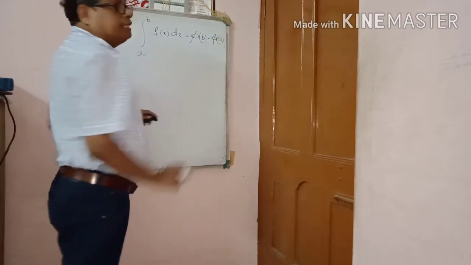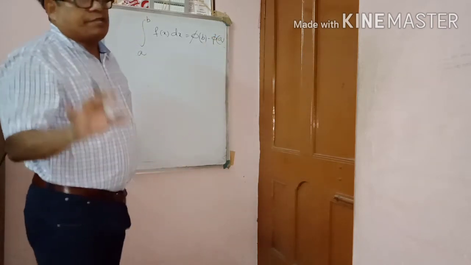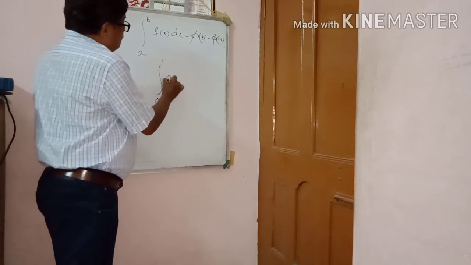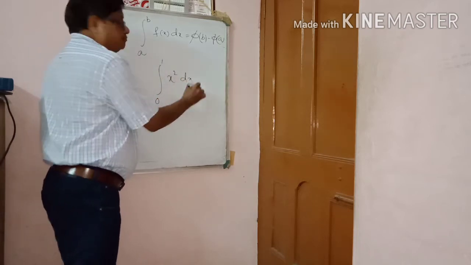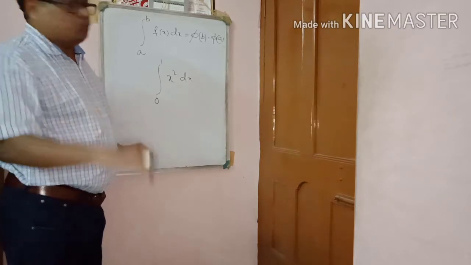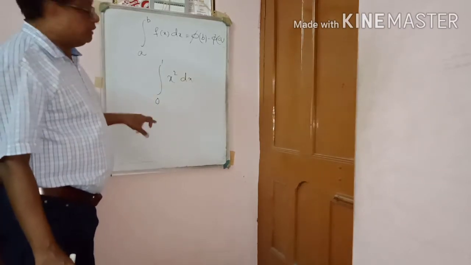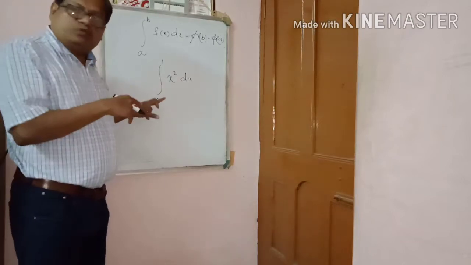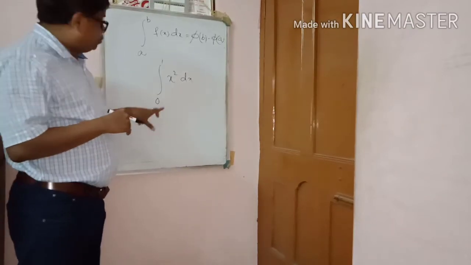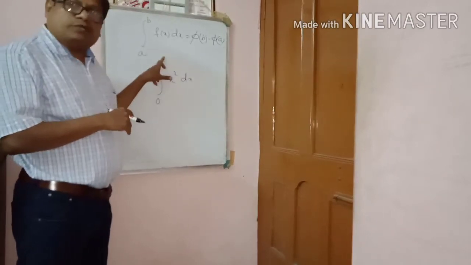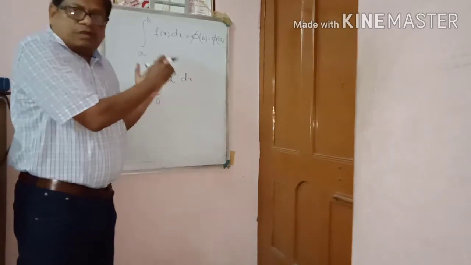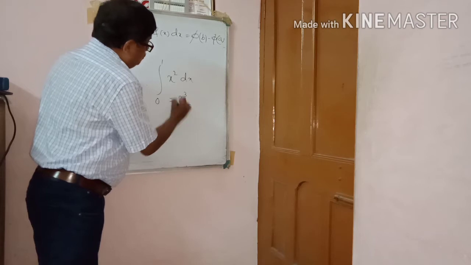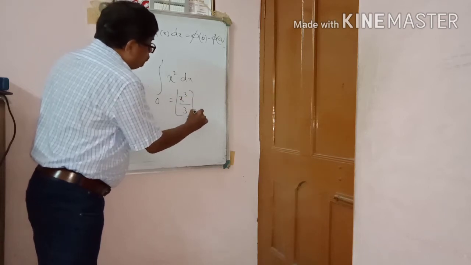What is phi b and phi a? I'll discuss it. Suppose I am writing integration from 0 to 1 of x square dx. We already know how to solve this. The function is bounded in between 0 and 1, so this is the lower limit and this is the upper limit. It will be x cube by 3. Just put in 0 to 1.